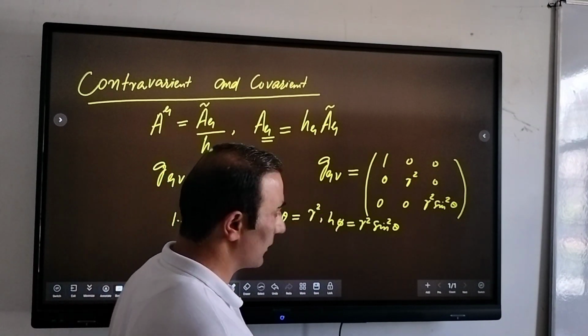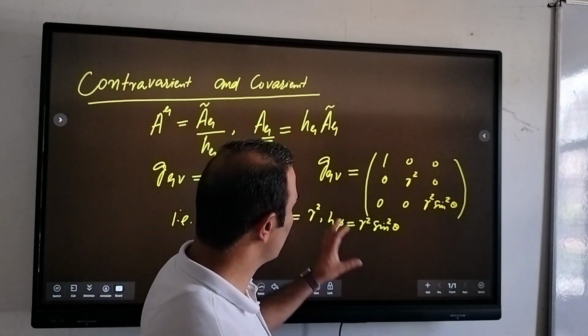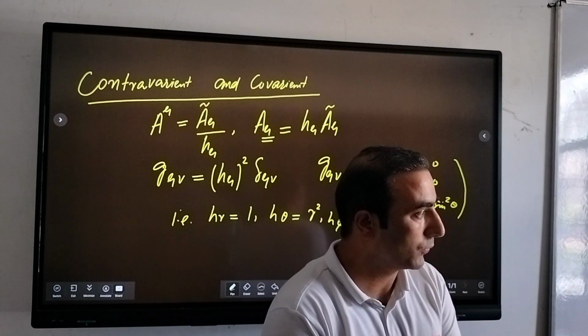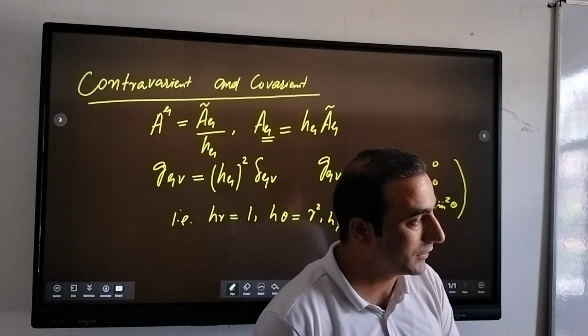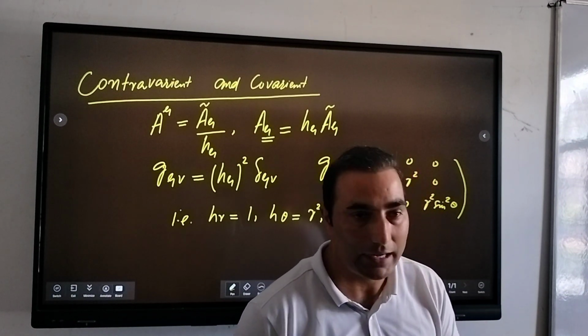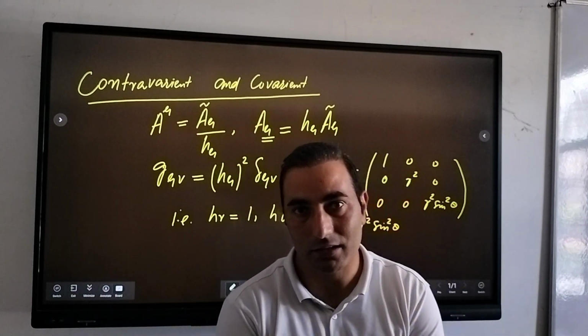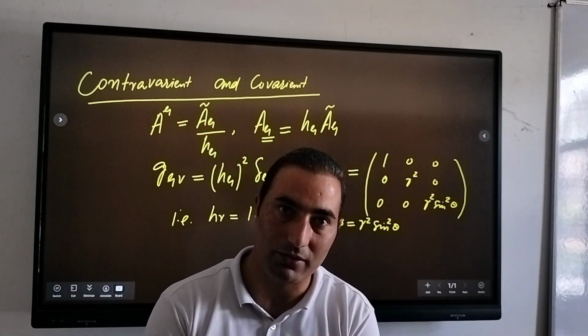Now, if you want to take its variation, this is the importance: if you act some gradient on some scalar function, it forms a vector, right?